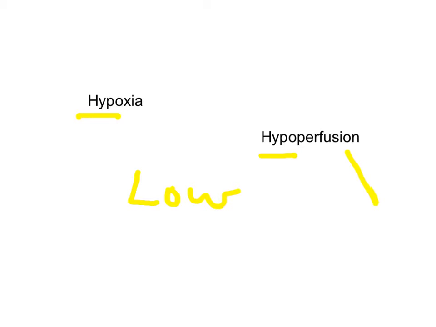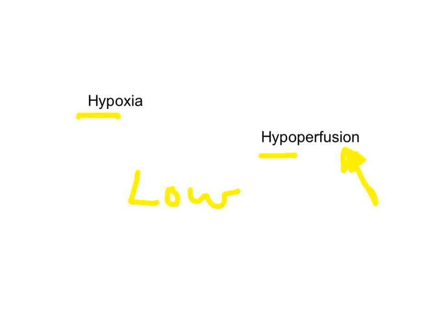When you have hypoperfusion, we need to define what the term perfusion means. Perfusion is the circulation. It is the delivery of blood to cells. So when you have normal perfusion, you have blood being delivered to cells in the periphery of the body, and a red blood cell makes about 3 trips a minute.